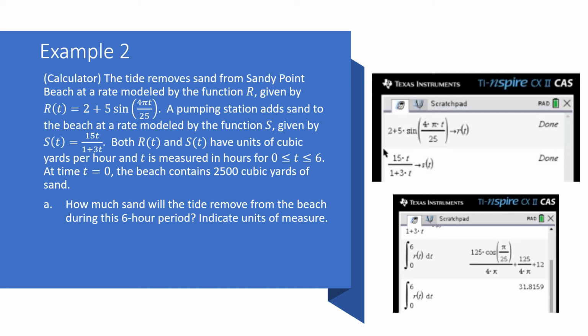And I get 31.8159. So my final answer would be 31.816 yards cubed. And notice I always put this little integral symbol, like I actually set up my problem first before I write the answer. Don't ever just give the answer. Set up the integral equals the answer.